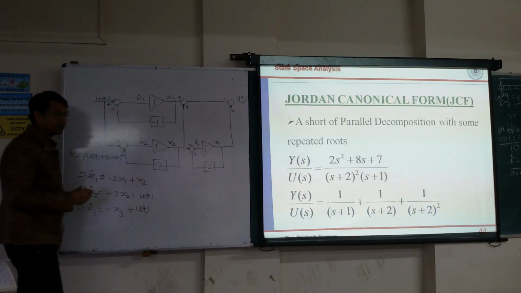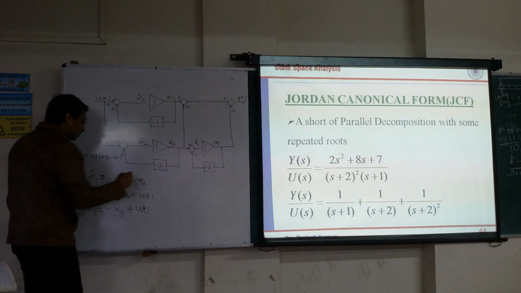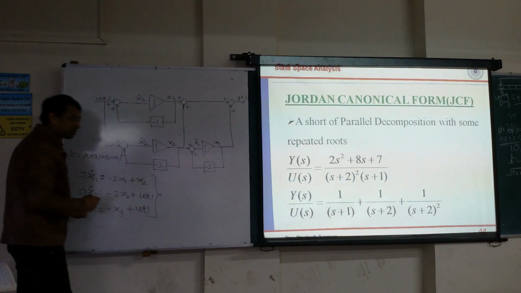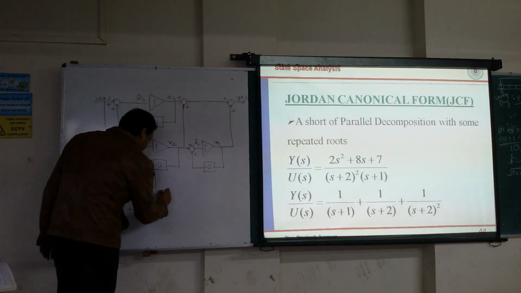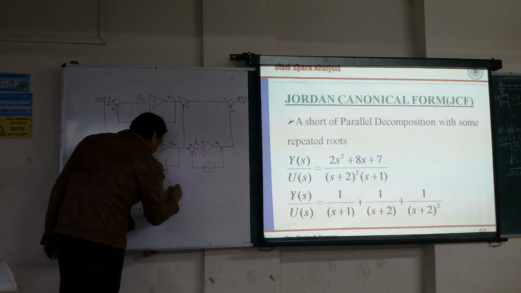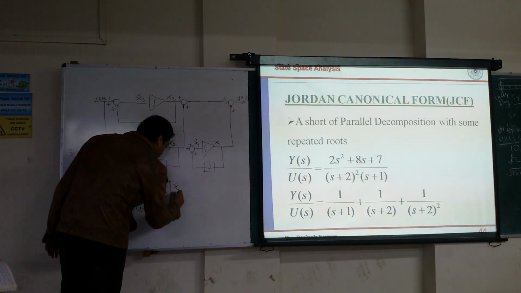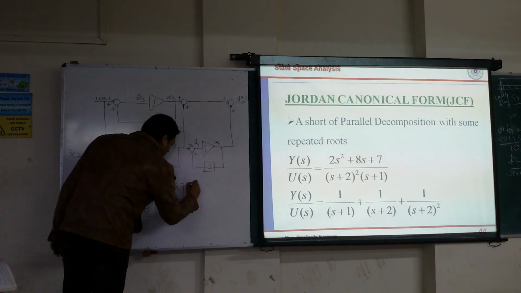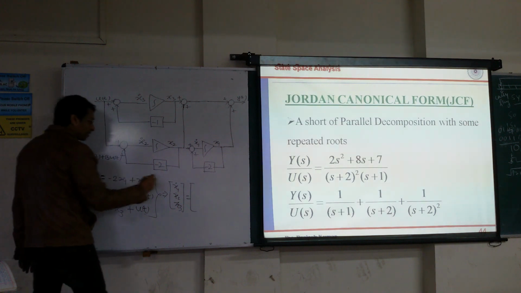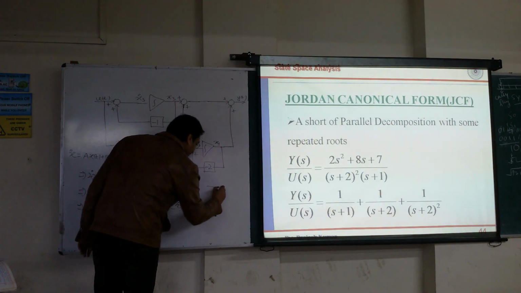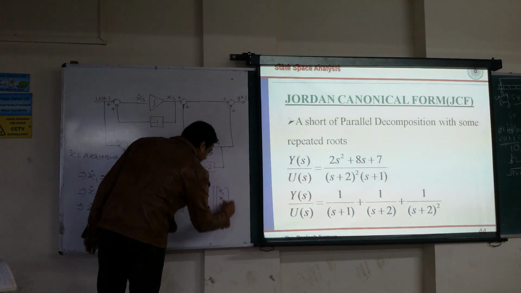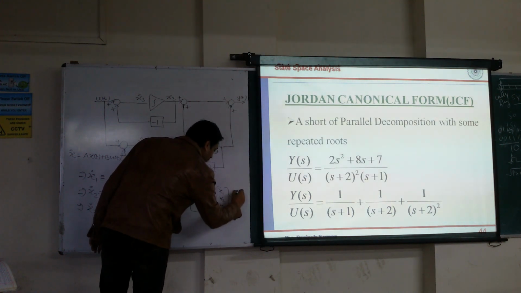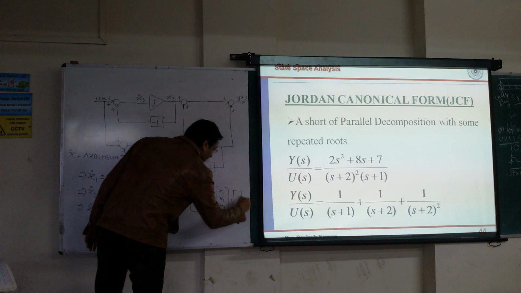Very good. Now our aim is to represent this particular system or set of equations in matrix form. So what will you get? x1 dot, x2 dot, x3 dot will be equal to, first we need to write the state vector x1, x2, x3, and the input ut.